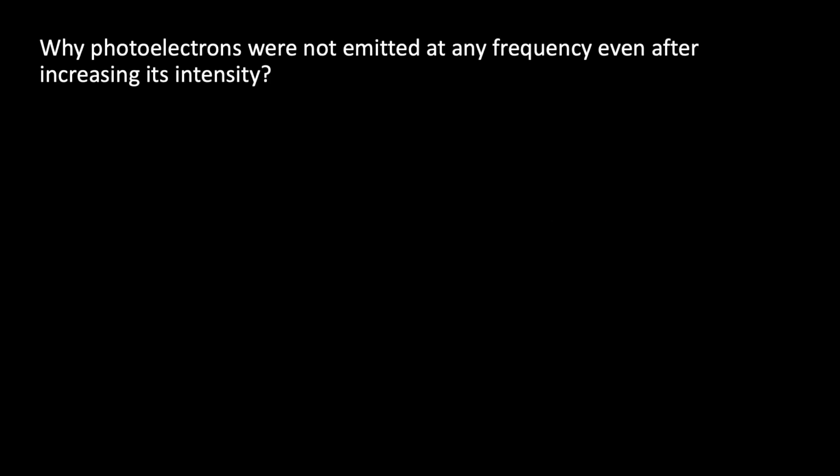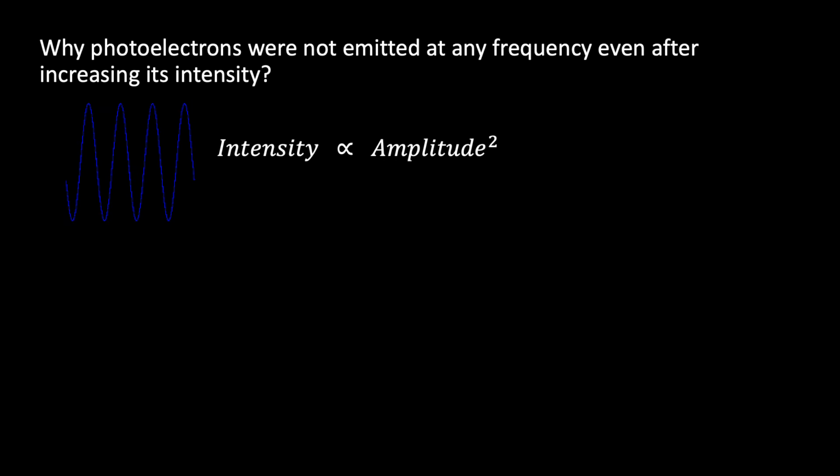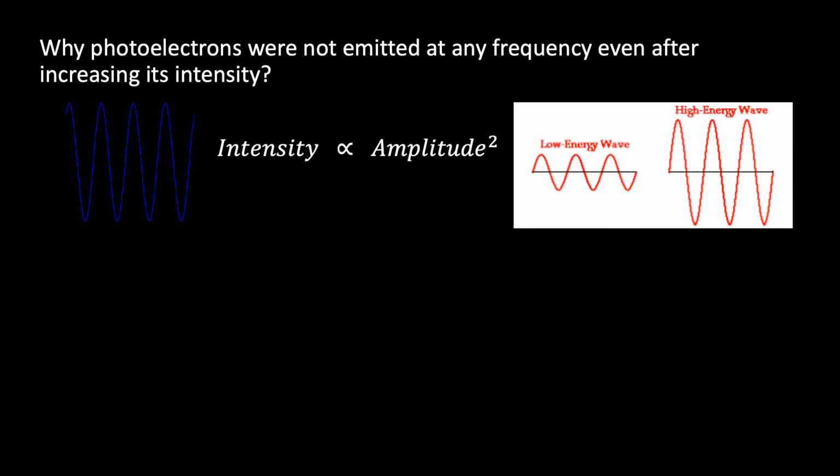Why were photoelectrons not emitted at any frequency even after increasing the intensity? According to the classical wave theory, the intensity of a light wave is proportional to the square of its amplitude. And we also know a higher amplitude of a wave means higher energy it carries.